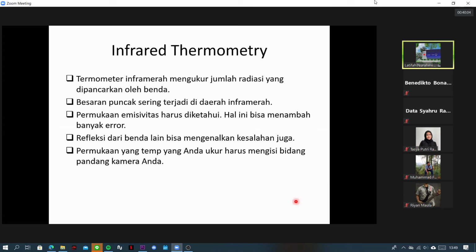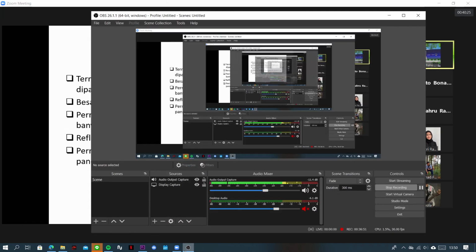The infrared thermometer that you just have seen measures mostly the radiations, the heat radiations emitted from the object.